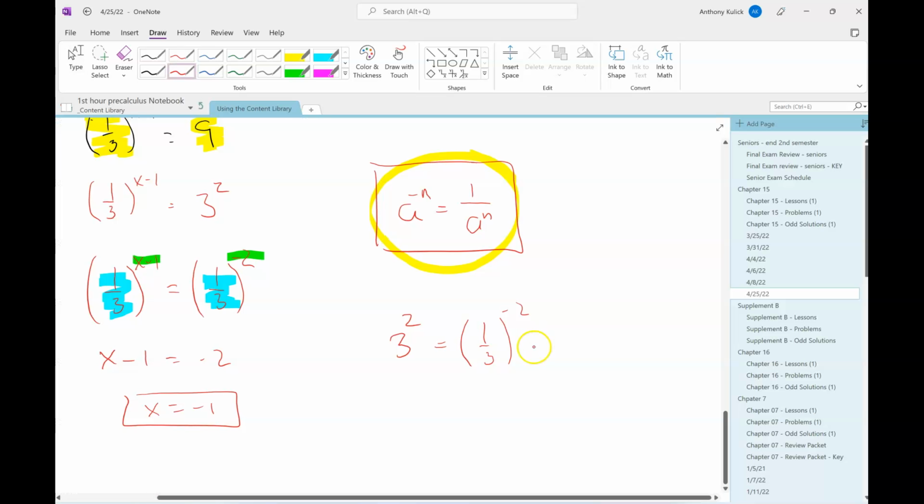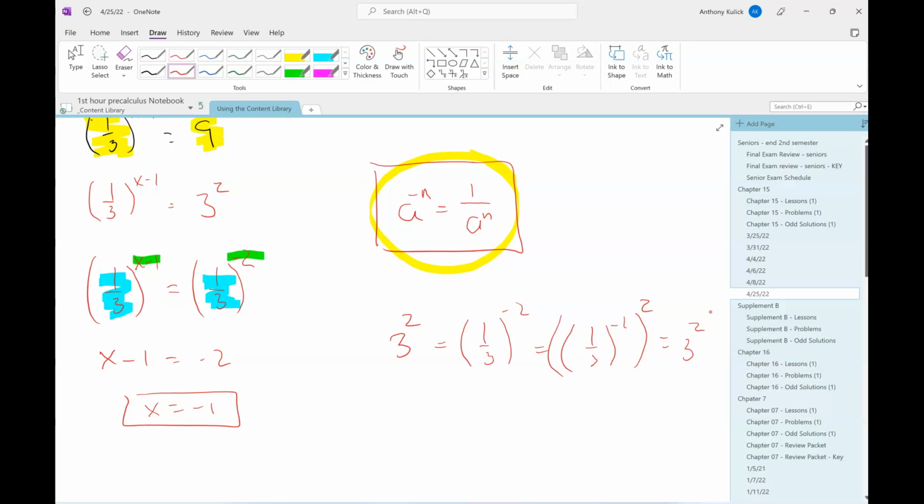Because, Leo, if I think about it this way, the 1/3 to the negative 1 is just 3. So it's like I've done nothing at all. I've just written it in a weird way.